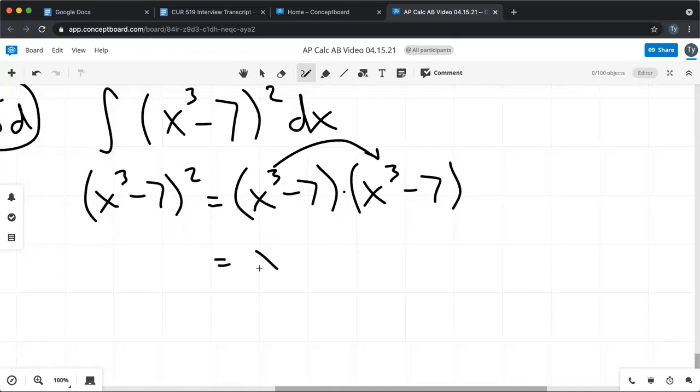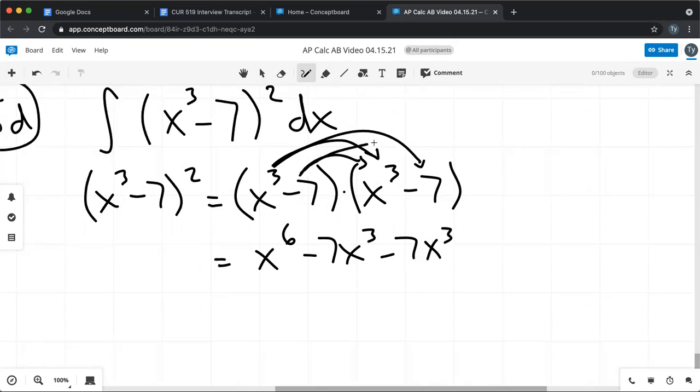X cubed times x cubed is x to the 6. Outer, we do our outer terms. X cubed times -7 is -7x cubed. Inner, we do our inner terms. -7 times x cubed is again -7x cubed. And then our last terms. -7 times -7 is +49. And again, we can rewrite this by combining like terms. -7x cubed minus 7x cubed is -14x cubed.